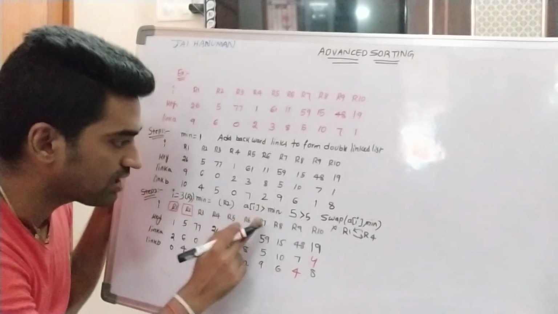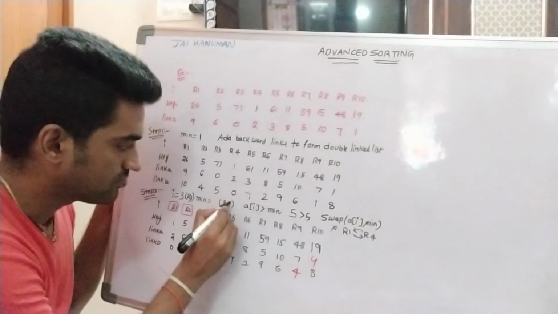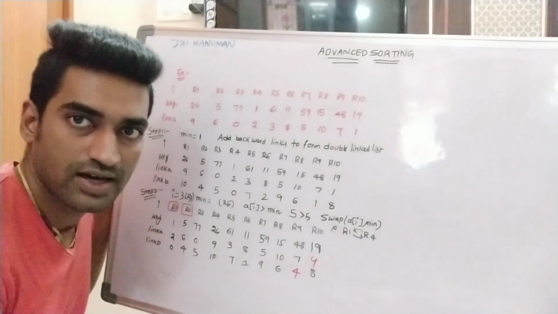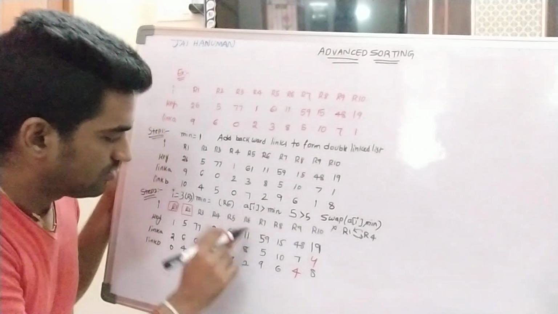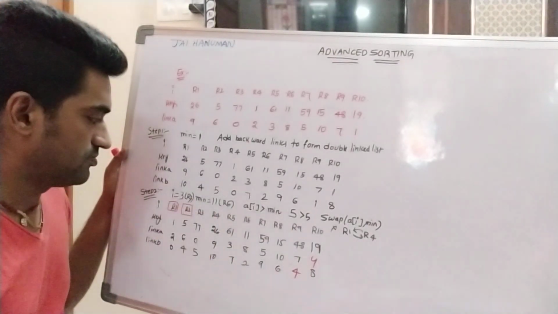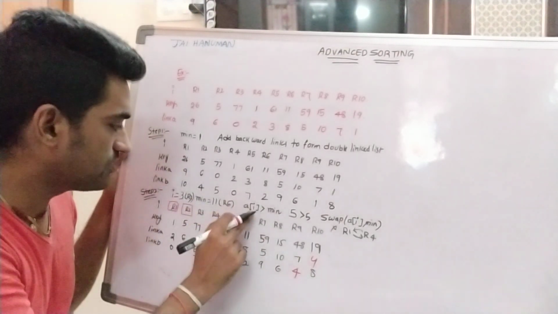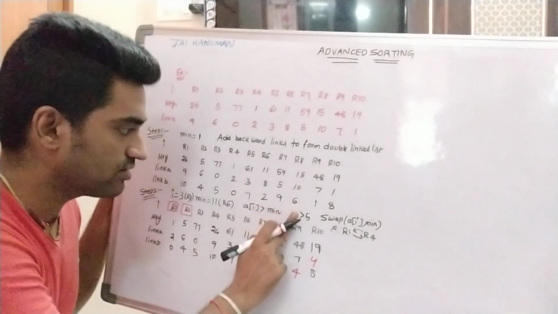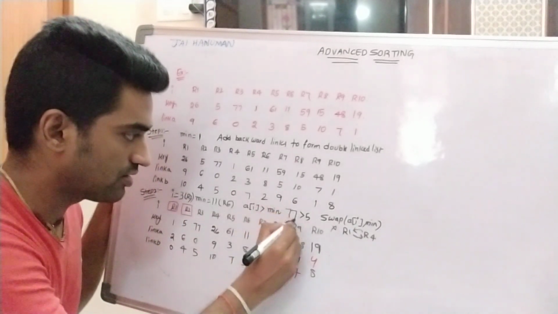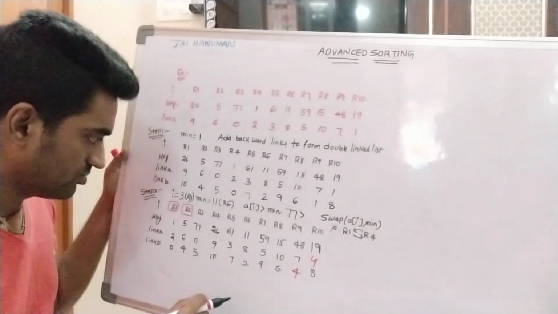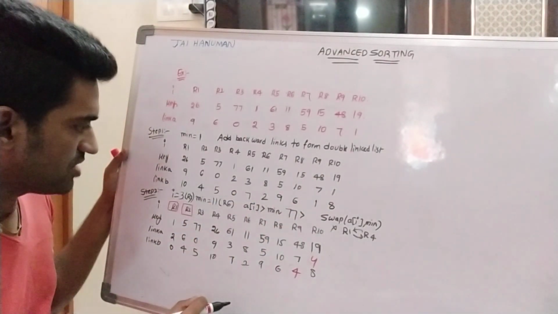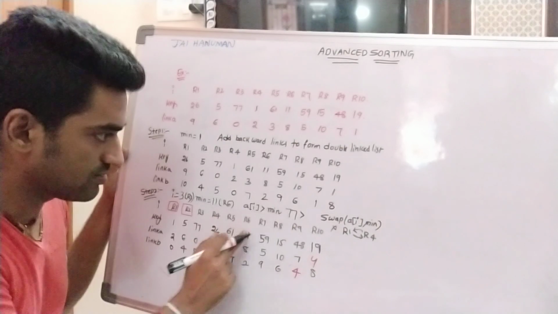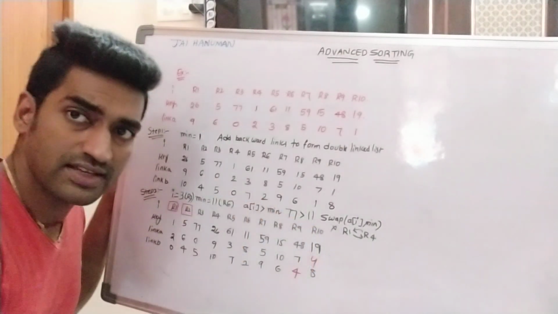What is the value of R6? 11. Right? So we compare A of I greater than minimum. A of 3, so 77 greater than the minimum value, R6, 11. So the condition is true.